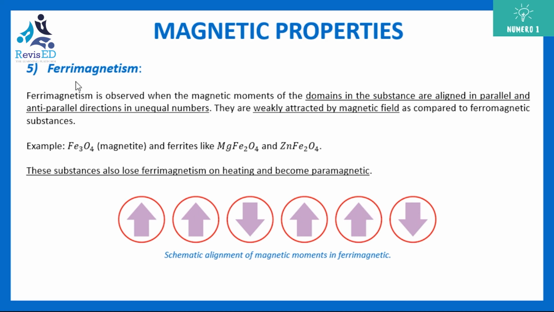This is your ferrimagnetic substance. Examples are Fe3O4, that is magnetite, or ferrites, that is MgFe2O4, magnesium ferrite, or ZnFe2O4, zinc ferrite. These substances also lose ferrimagnetism on heating. When you heat them, they rearrange themselves and become paramagnetic substances.